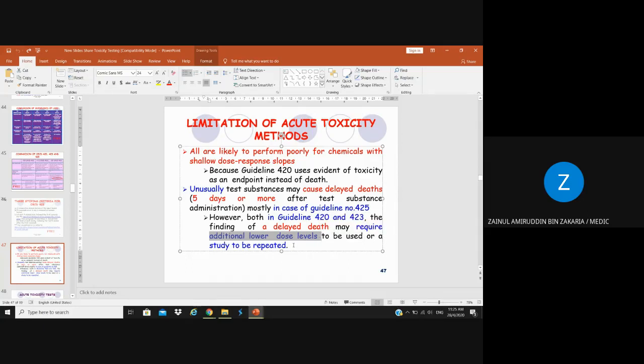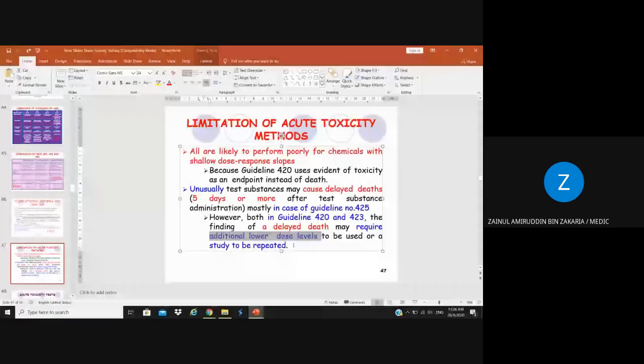Meaning you have assumed 300 is not toxic because after a few hours of observation, no toxic effect. Then if you kept the animal for more than 1 week, after 5 days the animal starts to die. Then you need to repeat the experiment using a dose lower than 300.